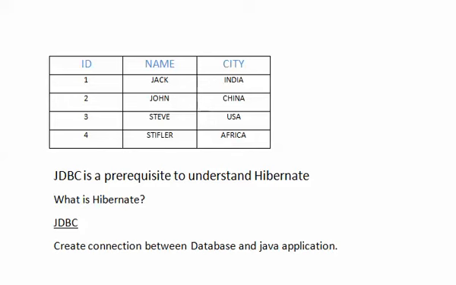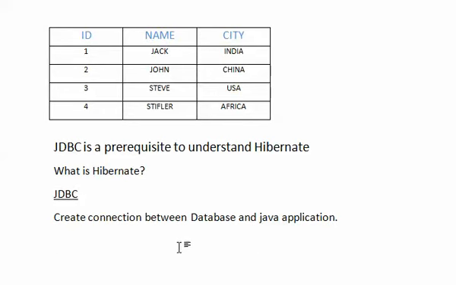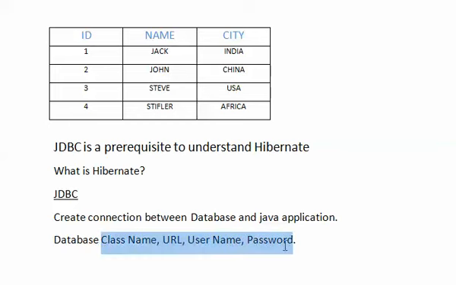Creating a connection between the database and Java application requires a database class name, a URL, a username and a password. We need these four fields to connect to any database using JDBC. So you can create a connection and connect to the database.